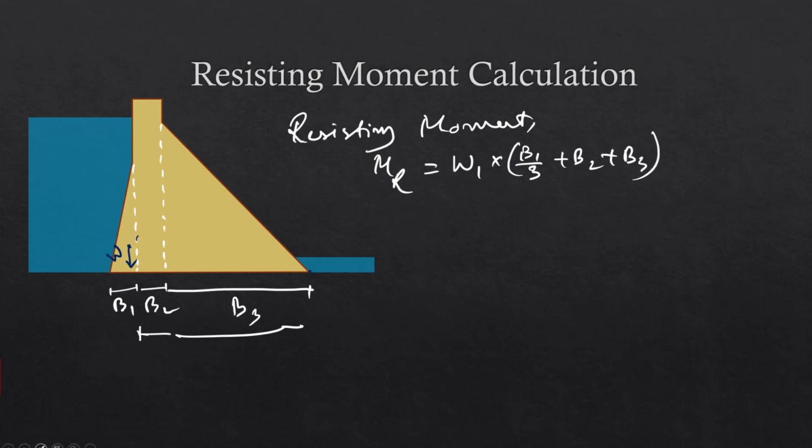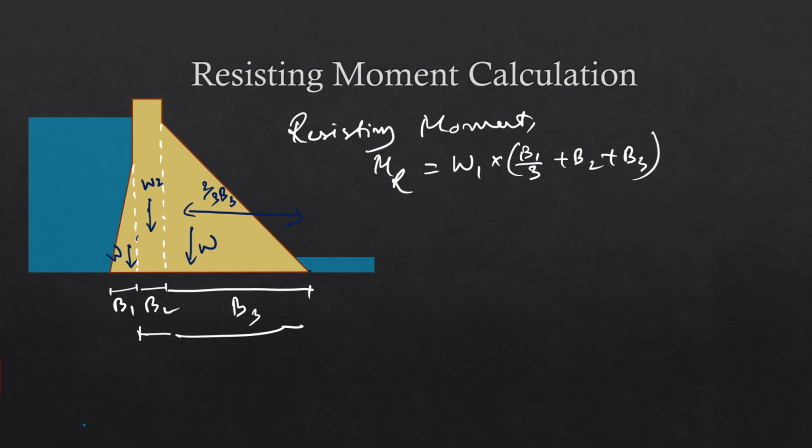Then we'll also talk about the other two components of self weight. The middle portion will be acting right at the midsection of this rectangle, which is W2, and the weight of this bigger triangular portion will be W3 and will be acting at a distance from the toe, which will be 2/3 of this B3.